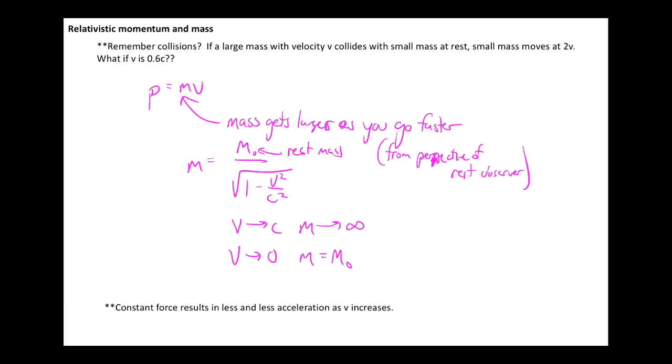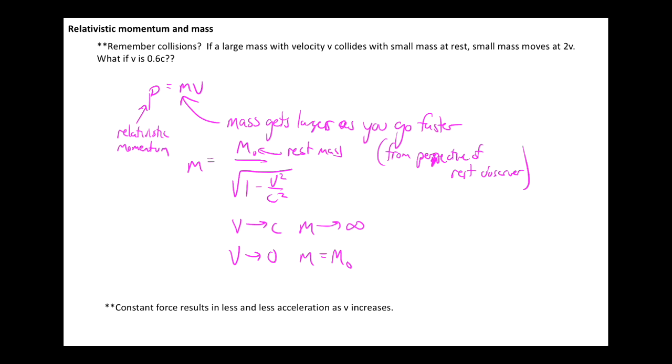So you start with the mass that you have at rest, and that gets larger and larger, approaching infinity as you go faster. So you could think of this as the relativistic momentum. It's the exact same equation, except mass has a little bit more going on. Instead of just being the rest mass, which is what we've always used, it has this other equation that accounts for the mass growing larger.